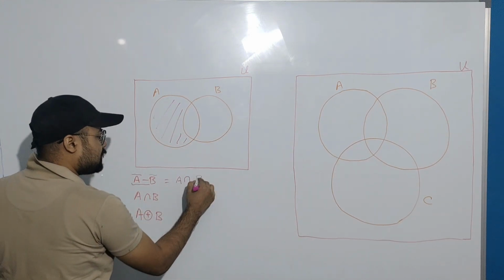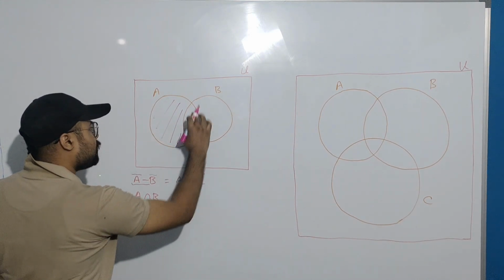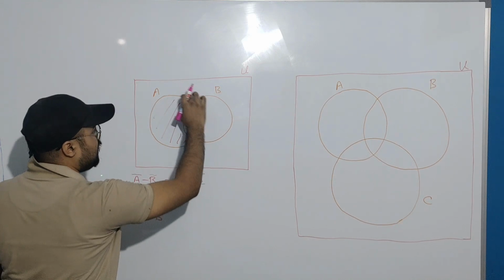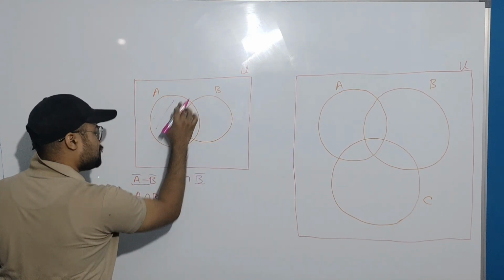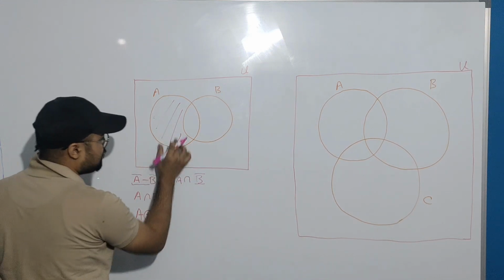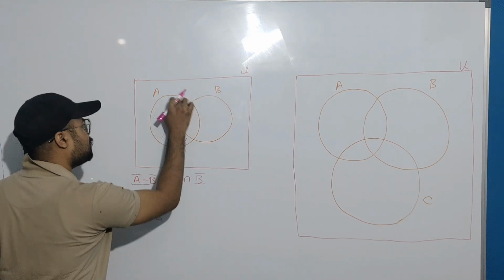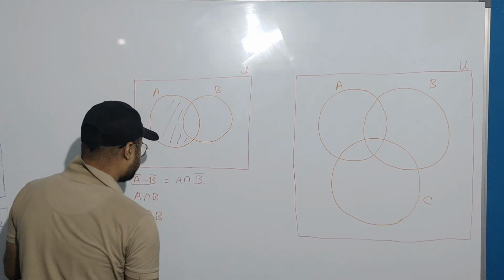That is B complement, because B complement doesn't have this area, and it has all of these, but it also has this. So the intersection region is your required shaded region.